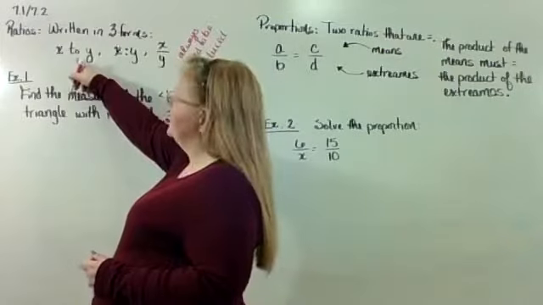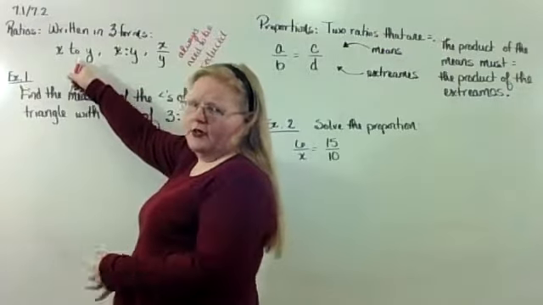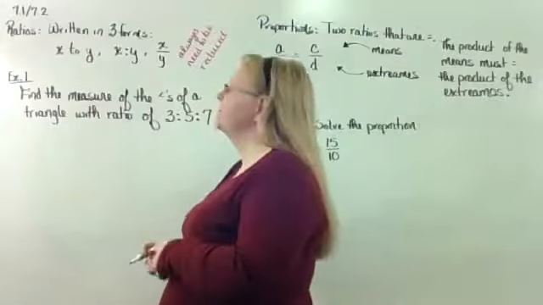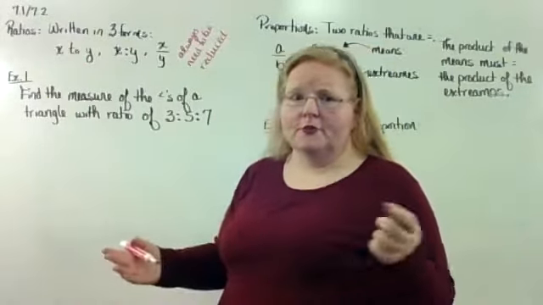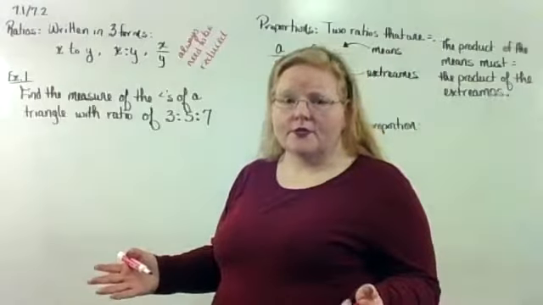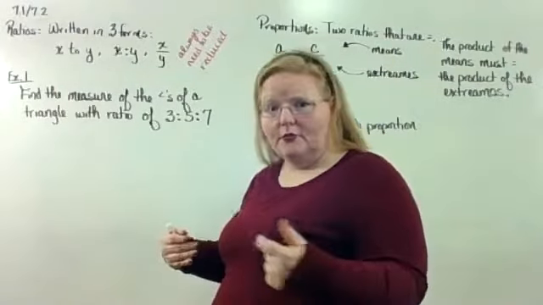Even if they're written this way, since it is a ratio, it can be reduced, and you should do that. Now, they're going to start giving you ratios and expect you to be able to use them in problems. That's what I'm here for, to help you with some of that.